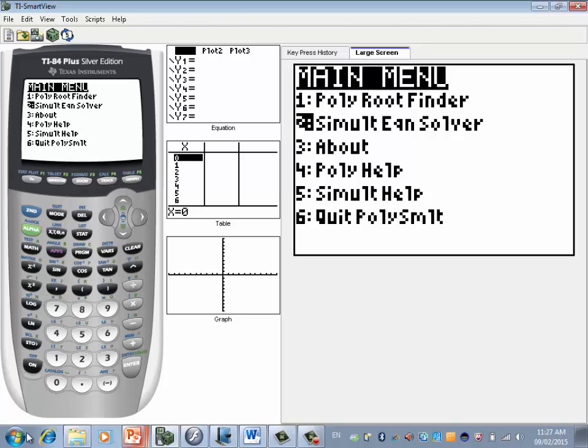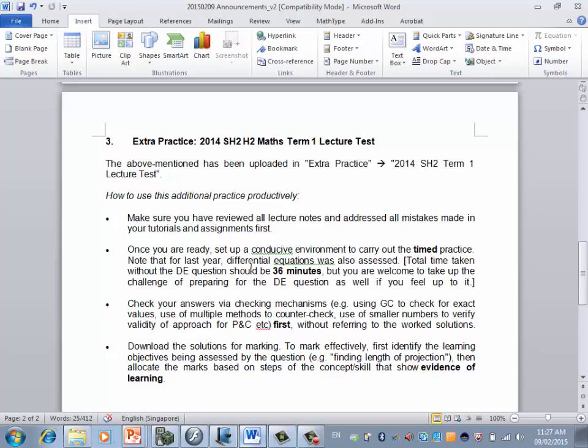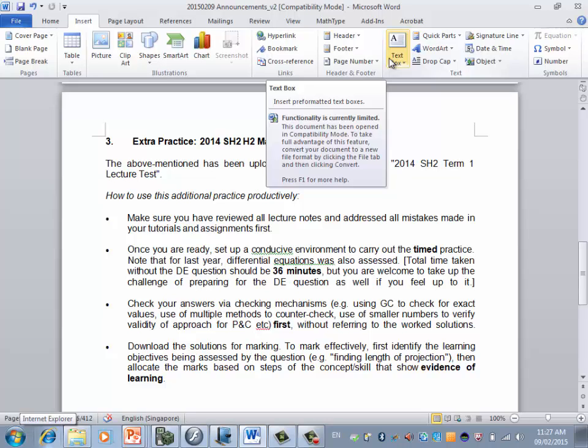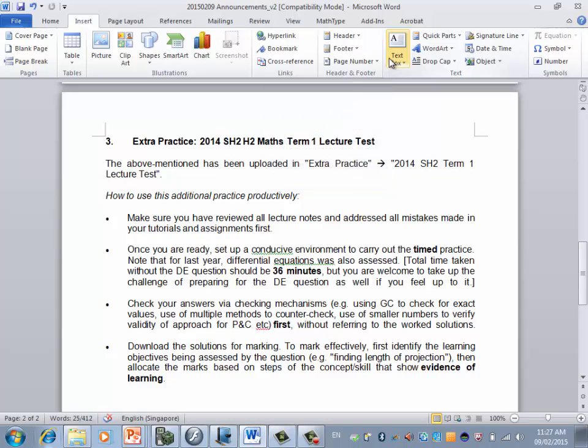If you look at your lecture notes, the Polysmlt 2 app can. When you go to your finder mode, there's a mode, right? Instead of choosing real mode, you have to choose a plus bi. Can you please do this physically on your GC? Don't just read the notes. Try on your GC. A plus bi, you will get the 2 roots.